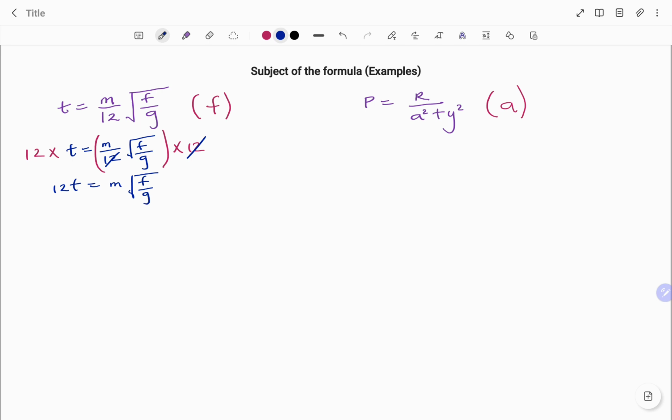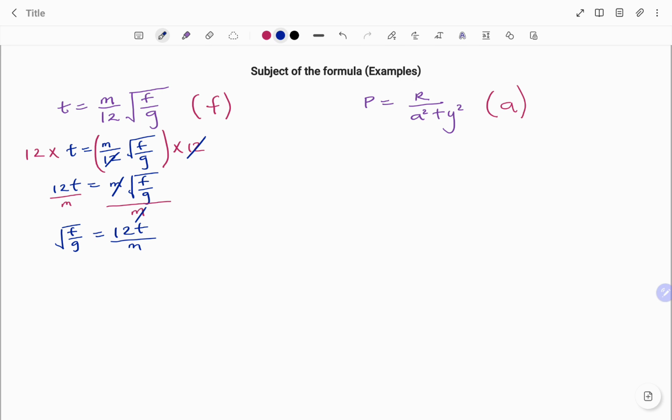The next step, I'm going to divide both sides by m. Whatever you do on your left, you do on your right. This cancels. I have root of f over g, flipping sides, equals 12t over m.